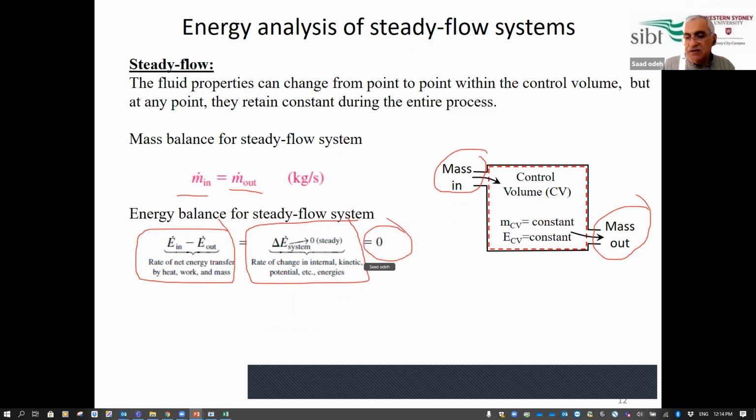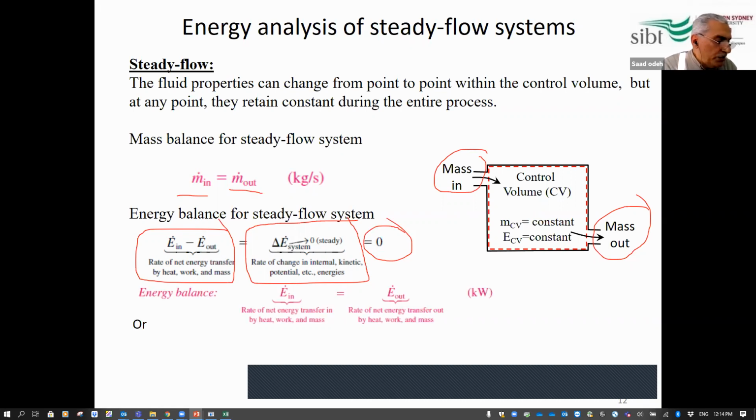Now, this is the general energy equation or conservation equation. And if the right side is 0, then we can end up with this formula: rate of net energy transfer in by heat, work, and mass must equal the exit rate of energy transfer by heat, work, and mass.